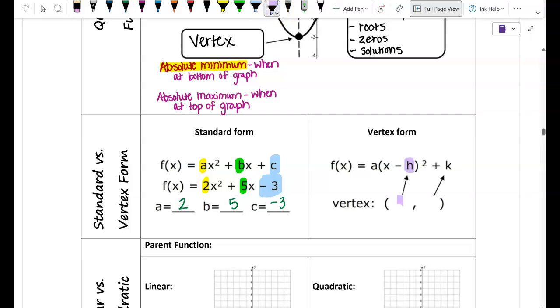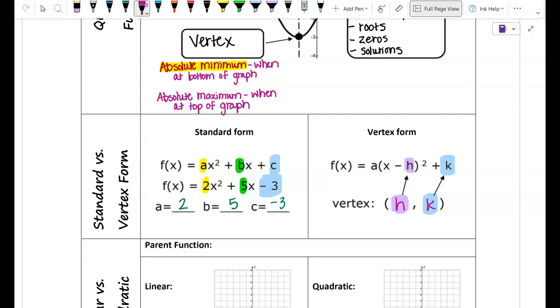The h is the x value of your vertex, and the k is the y value of your vertex. So if you have vertex form, you know your vertex just by looking at the h and the k.